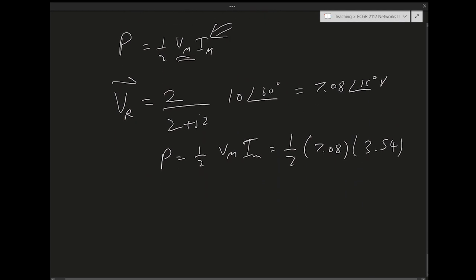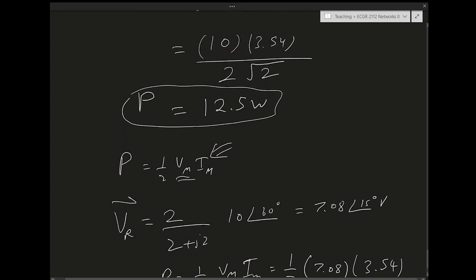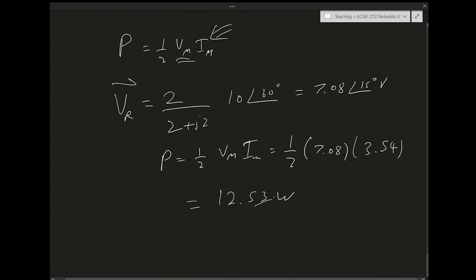When I do this, I get 12.53 watts. So it is equal to what we calculated before, except there are some rounding errors. You should expect rounding errors to happen when you do these sorts of manipulations, unless you're very careful and consistent with using a lot of significant digits.